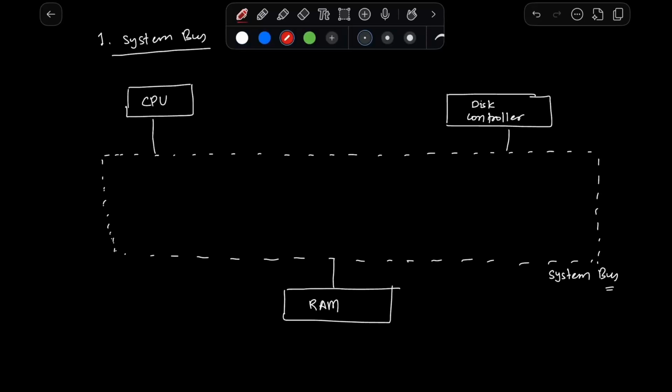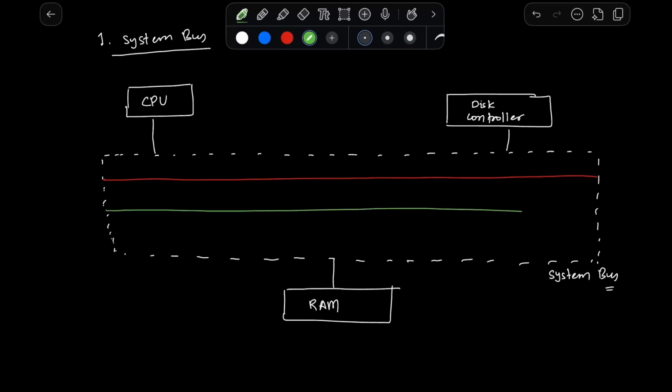So the very first one which we could depict is control bus. The second one which we could depict is address bus. So with which color should we depict it? Let's say we go with green. And we say it is address bus.